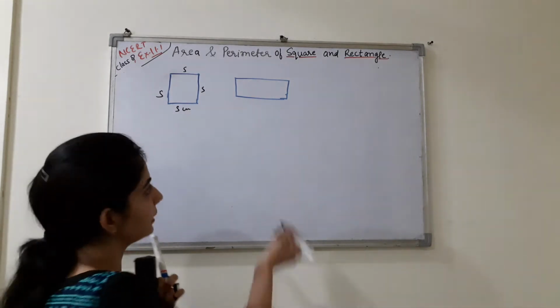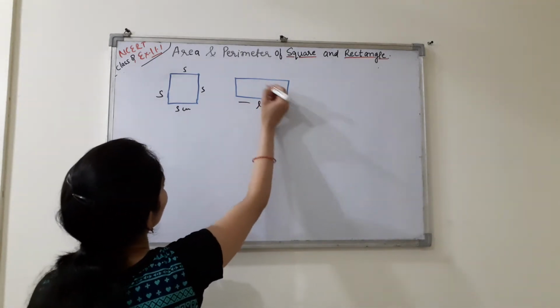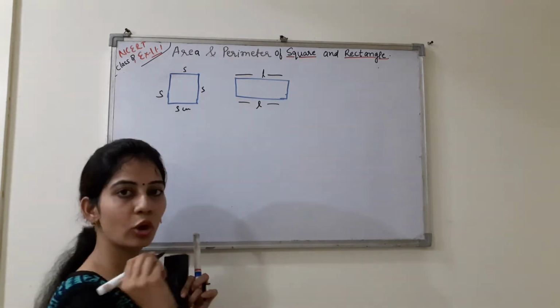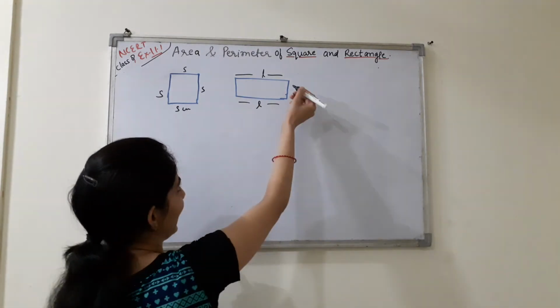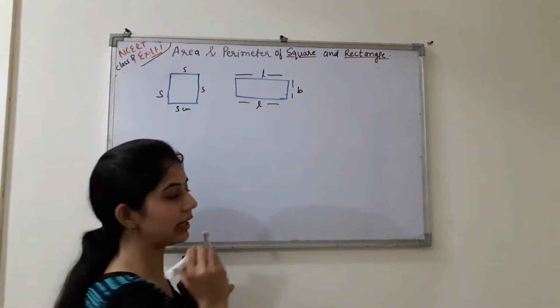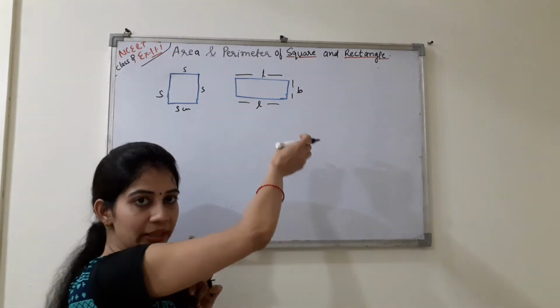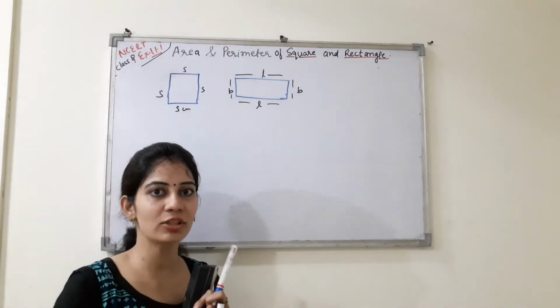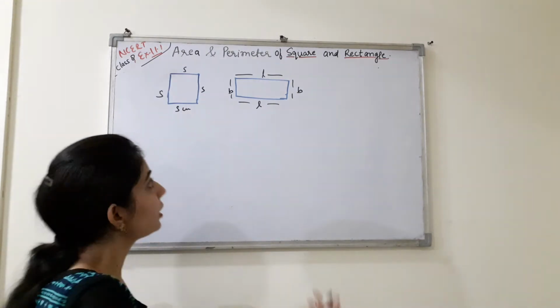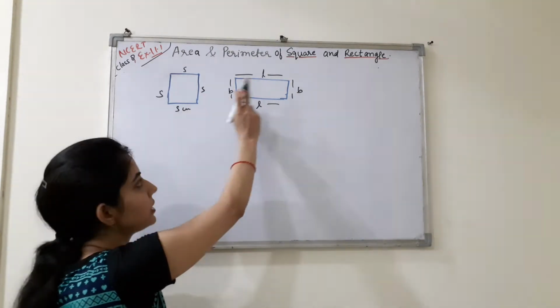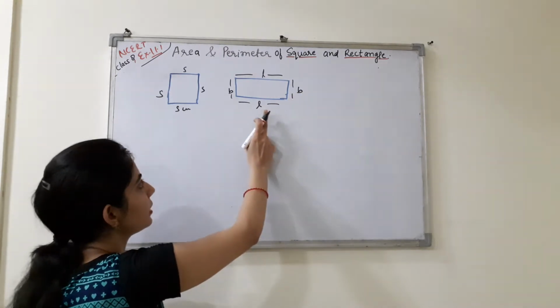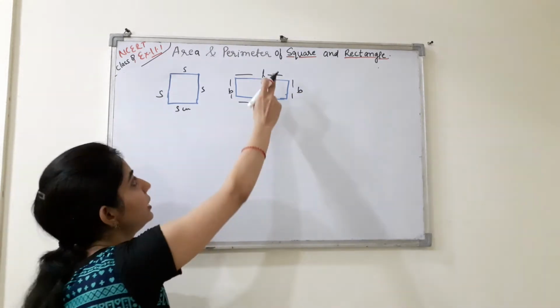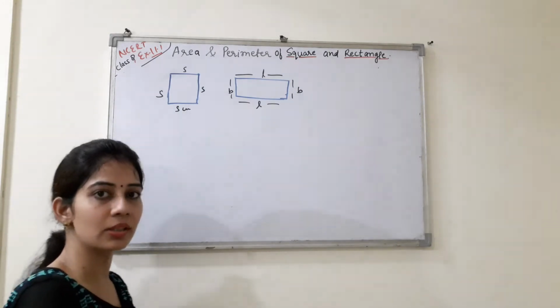And in the rectangle, this is the length, so this will also be length, L. If I denote the breadth by B, it will also be B, because the opposite sides of a rectangle are equal. Okay, so suppose it is 5 centimeter, it will also be 5 centimeter. If it is 7 centimeter, then it will also be 7 centimeter, right?